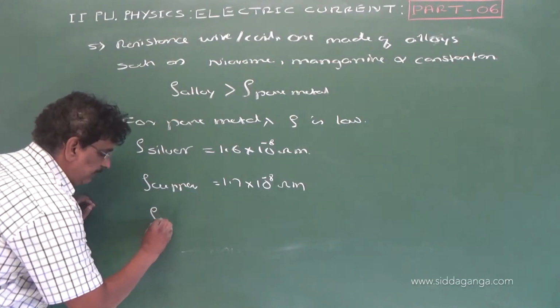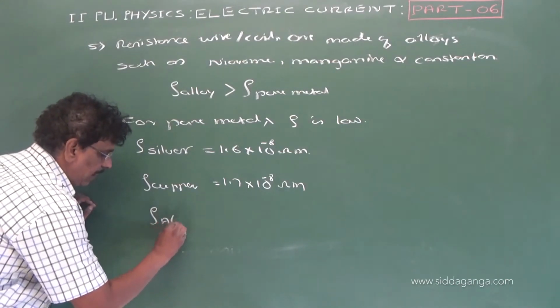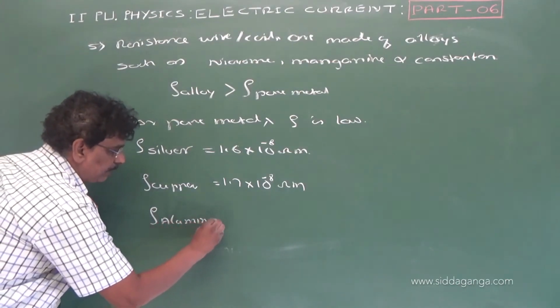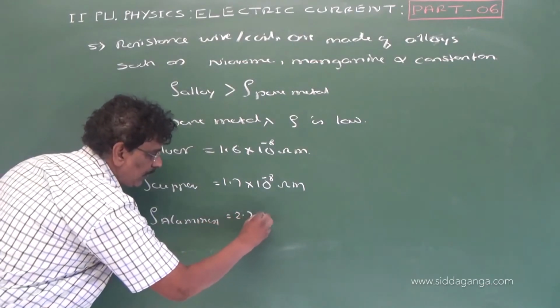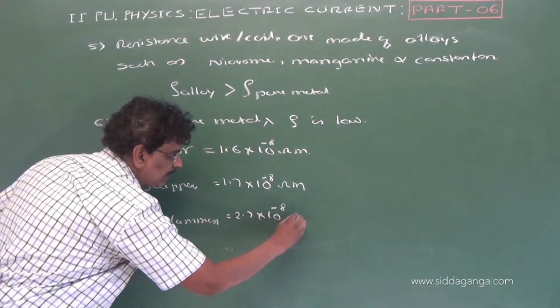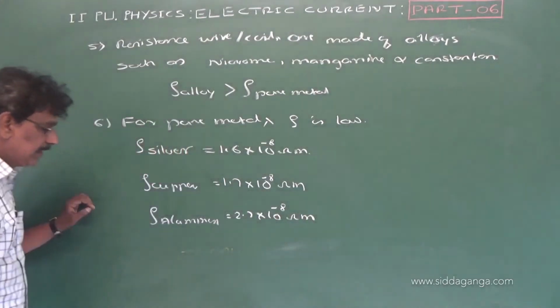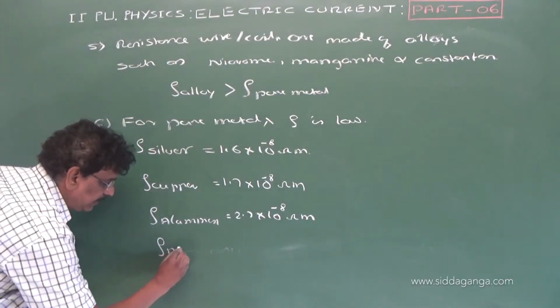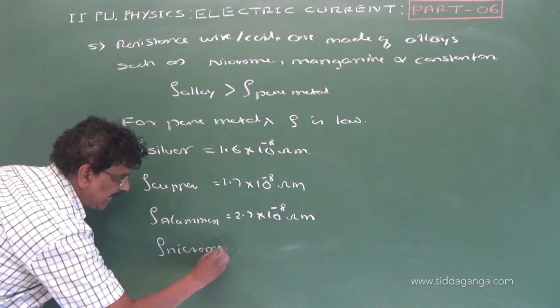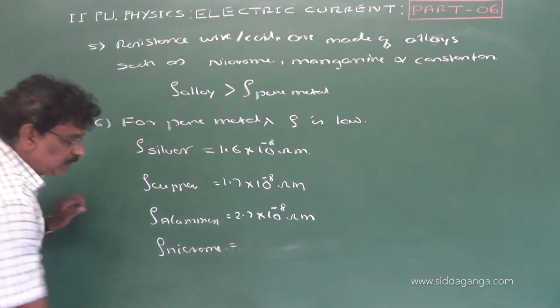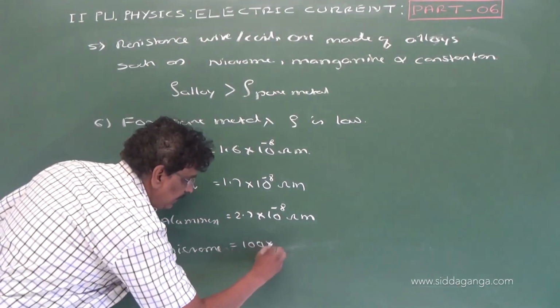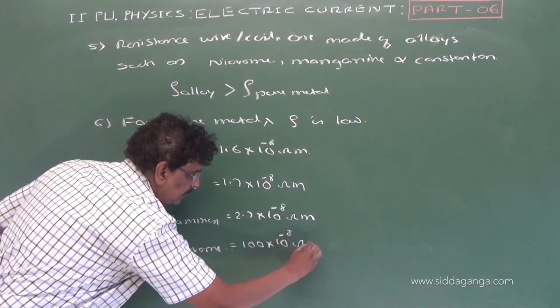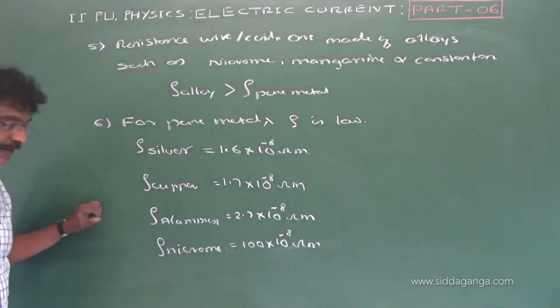Now resistivity of aluminum is equal to 2.7 into 10 power minus 8 ohm meter. Resistivity of nichrome is equal to 100 into 10 power minus 8 ohm meter.